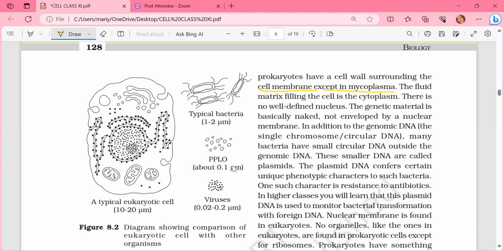Now, the fluid matrix here is also known as the cytoplasm in the prokaryotic cell. Then obviously the defining feature of the prokaryote is that there is no well-defined nucleus. What is the meaning of a well-defined nucleus?